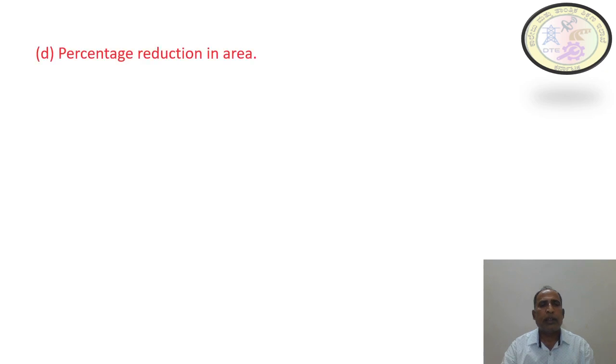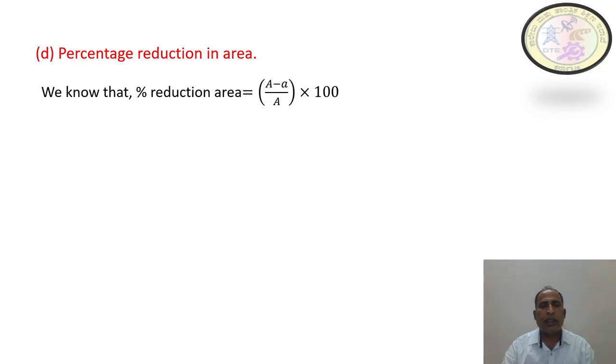Then percentage reduction in area. We know that percentage reduction in area is the ratio of capital A minus small a divided by A into 100, or capital D square minus small d square by capital D square into 100.